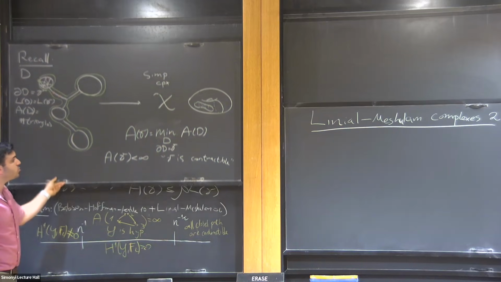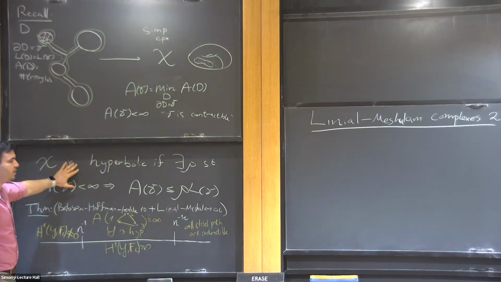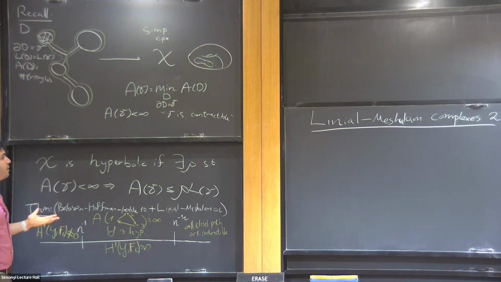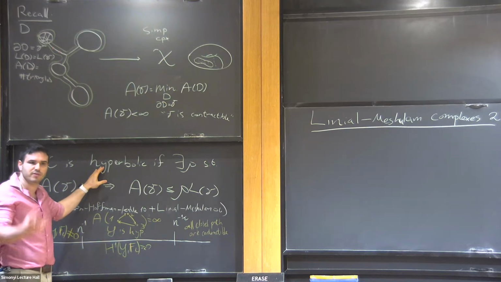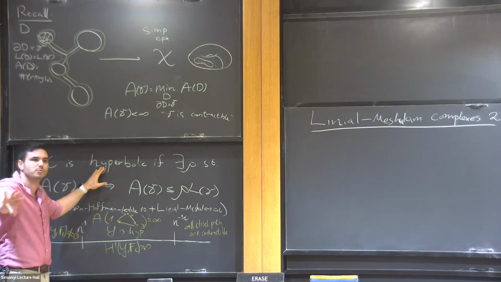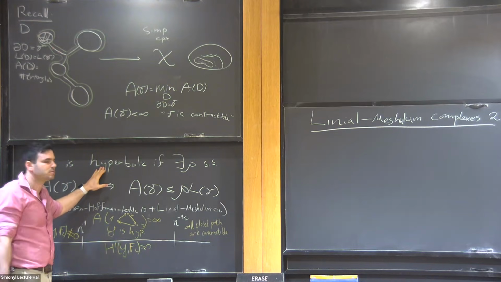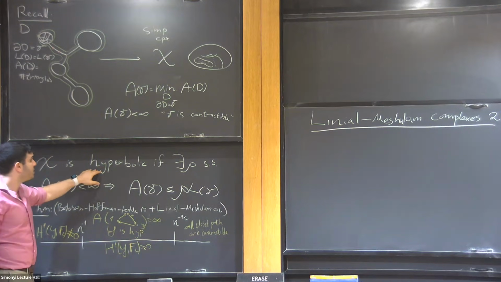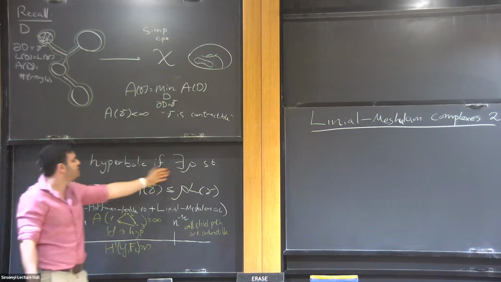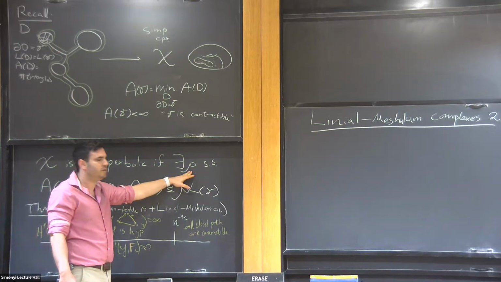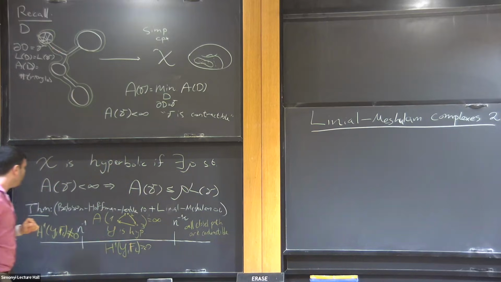Great. And actually, the torus is a good example also for the second definition that we had last time, which is hyperbolicity. So we said that a simplicial complex is hyperbolic. That's actually a property of its fundamental group, but I'm avoiding groups altogether today. All properties will be properties of the simplicial complex. So a simplicial complex is hyperbolic if there exists some positive real number that satisfies the following.